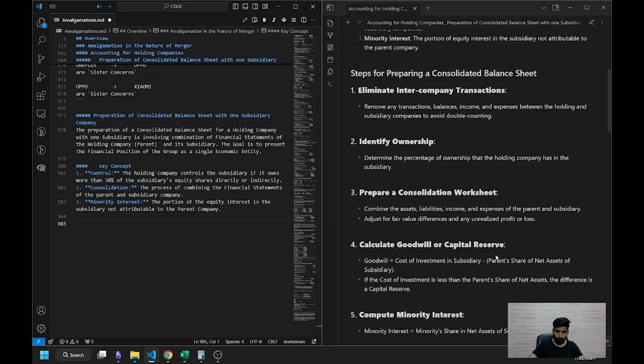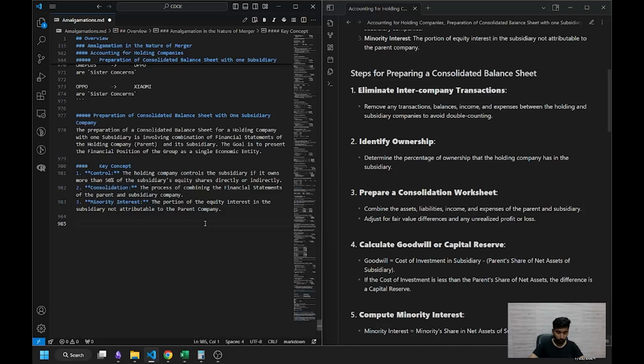These are the three key concepts to keep in mind when preparing the consolidated balance sheet with only one subsidiary company. First is control: the holding company should own more than 50% of the subsidiary's equity shares, either directly or indirectly.